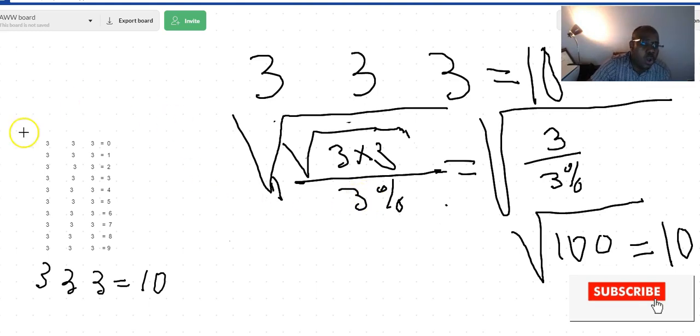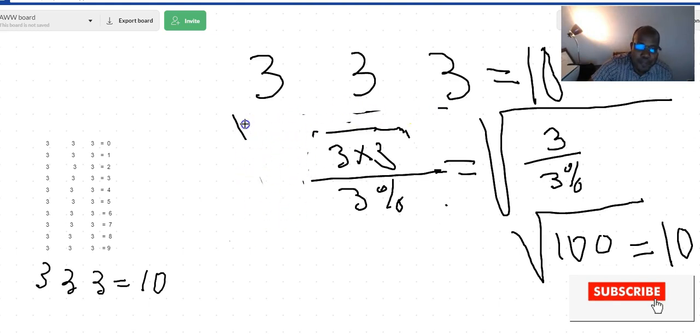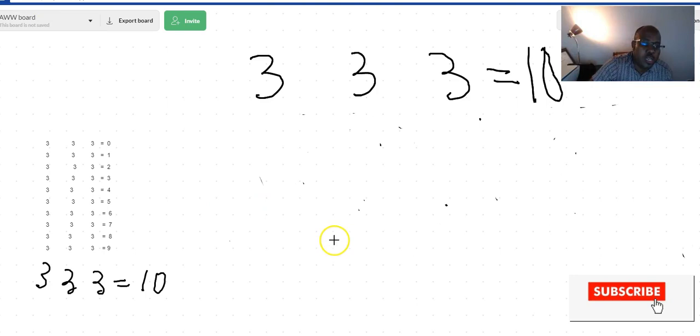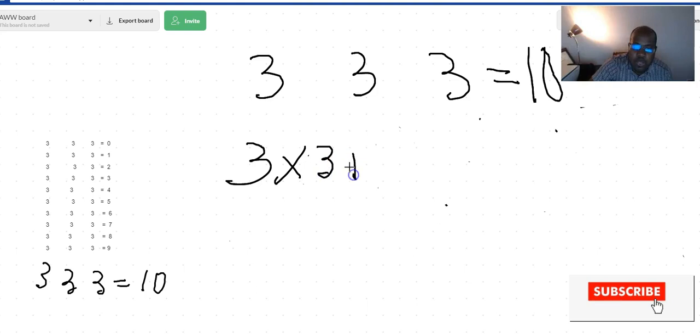So if you have other solutions, I was thinking about other solutions too, but it involves more. It involves the use of derivatives. So the way to do it, let me show you. We can do this using derivatives. So what we're gonna do, we're gonna have 3 times 3. That gives 9, right?